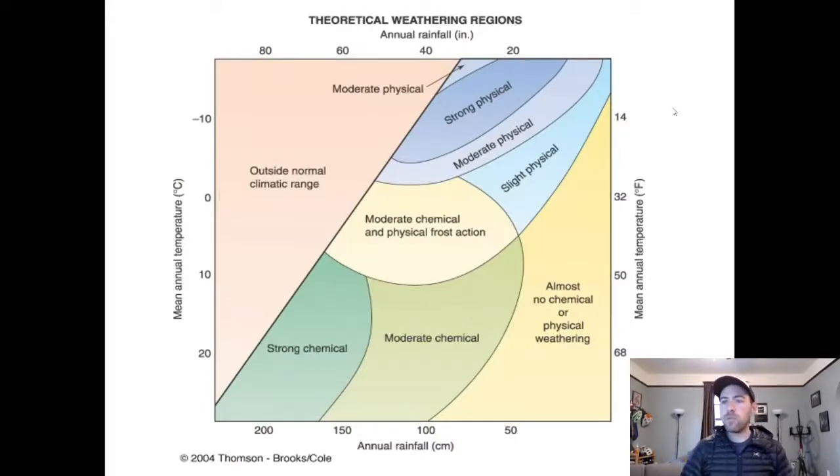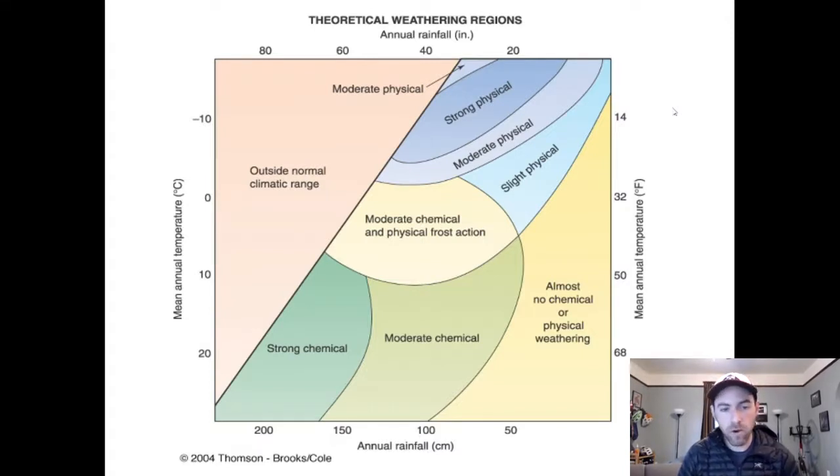As I mentioned before, both chemical and physical weathering processes take place at varying rates across Earth's surface, dependent on a number of things. Two of the big controls or drivers of the weathering process disparity across our surfaces are the rainfall rate, right?